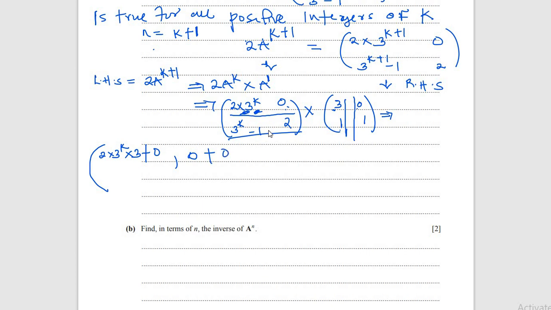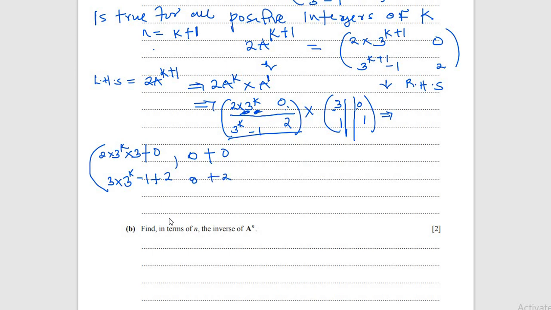Second row, first column, that's 3 times 3 raised to the power k minus 1, and also 2 times 1, that's 2. And the next one, the second row, second column, gives 0 plus 2.